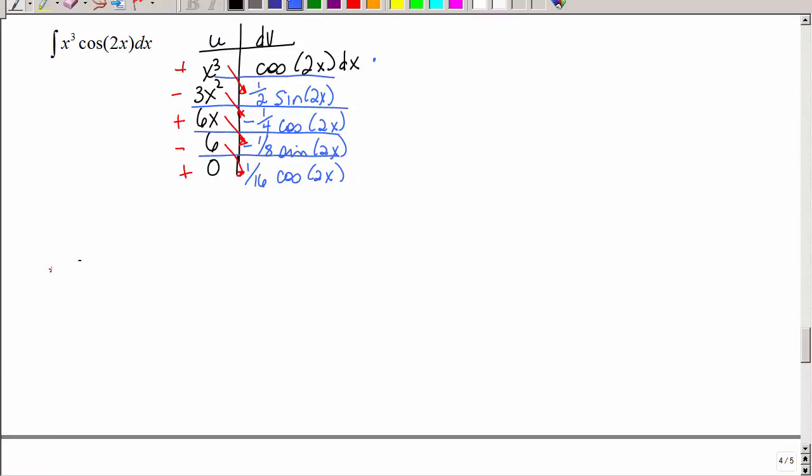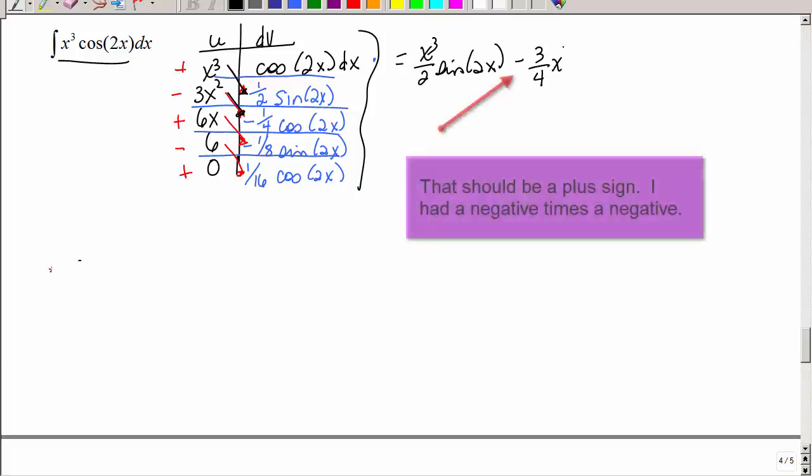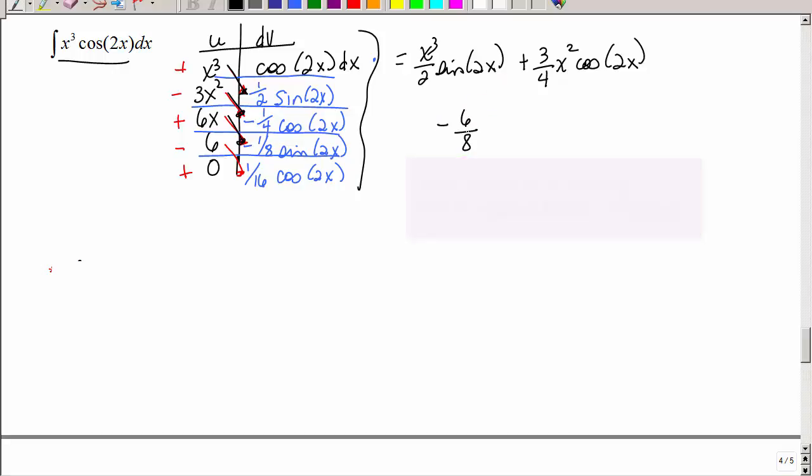Okay, so we have this problem equals these multiplied together, x cubed over 2 times the sine of 2x. These multiplied together, so that's minus 3/4 x squared. These multiplied together, I'm just going to come to here, is minus 6 over 8 times the sine of 2x.